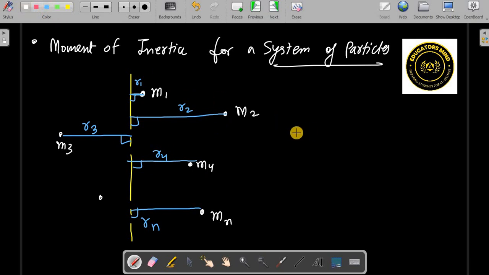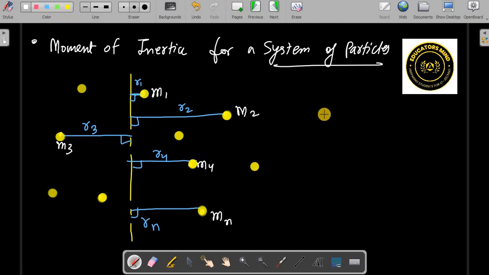All these are distances. This is one particle, another particle, another particle, so many particles can exist, right? But this is a common axis, about which they are all rotating.